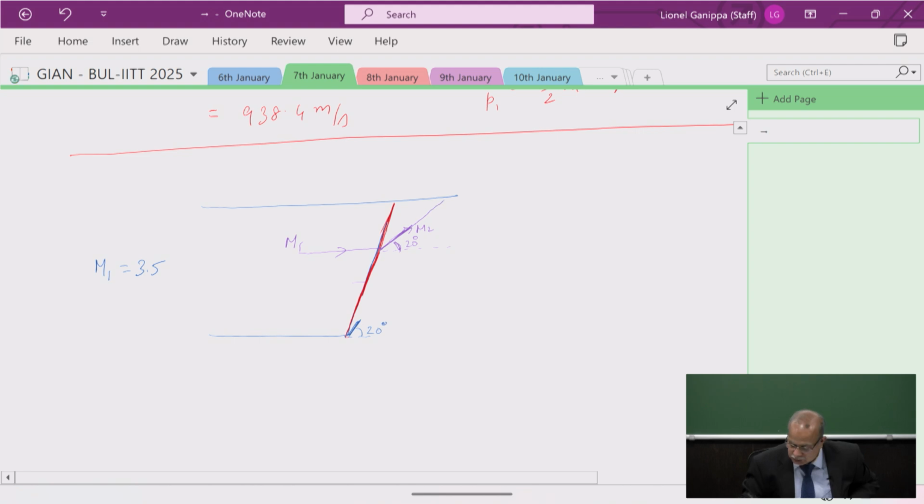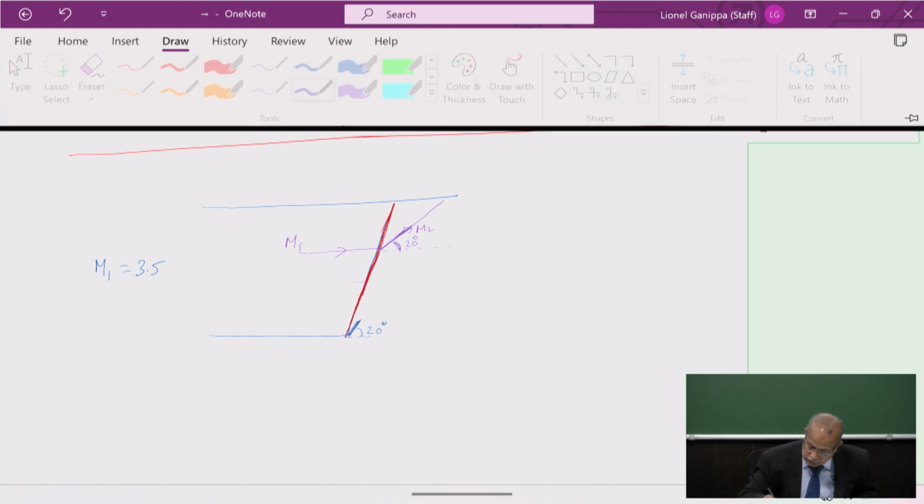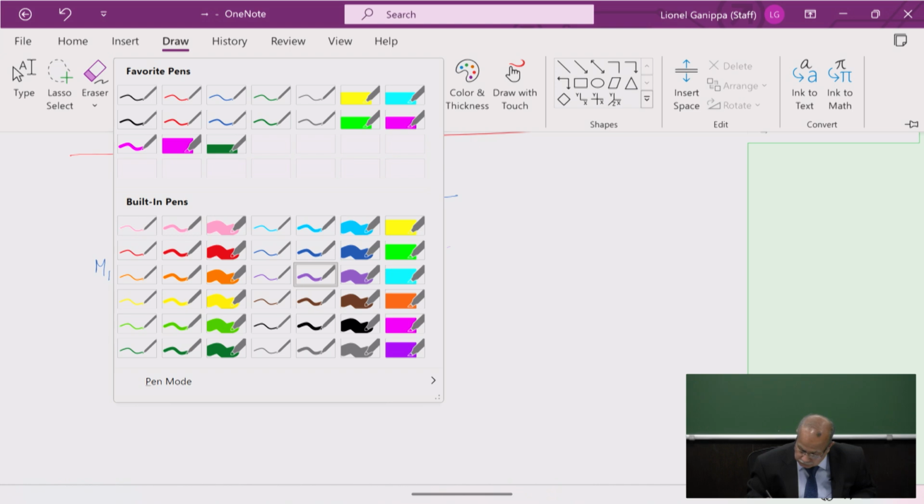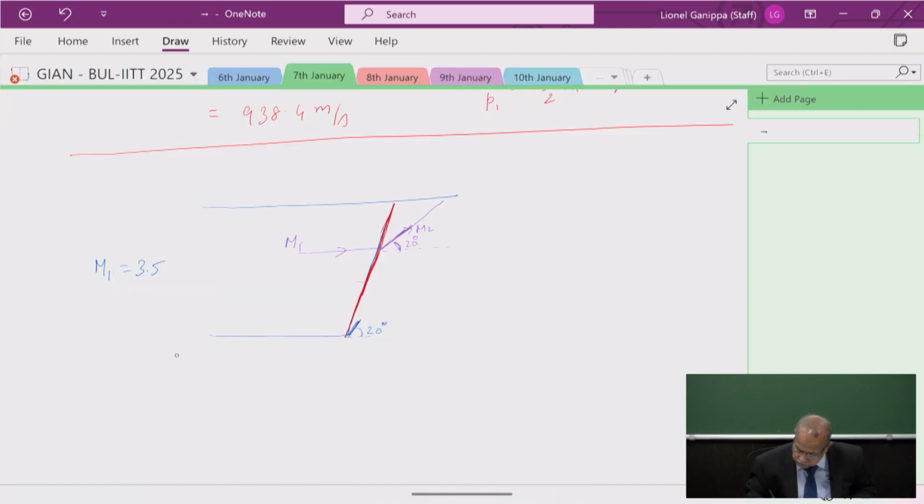This is the pathway it is going to take. But before it hits the wall, there will be a like reflection of opposite family.